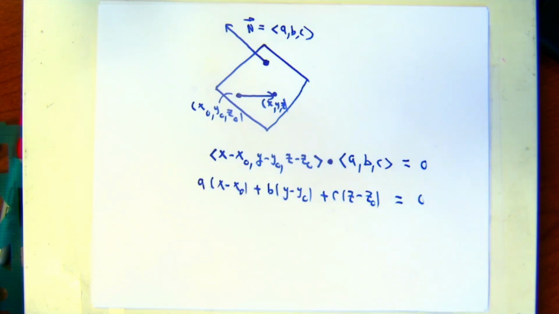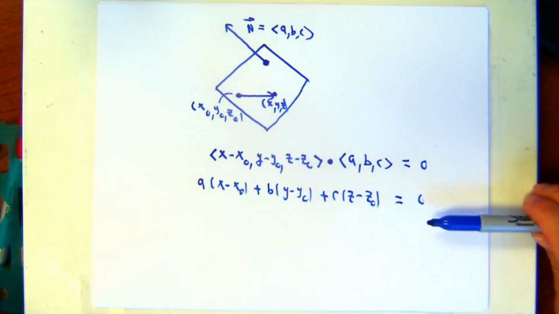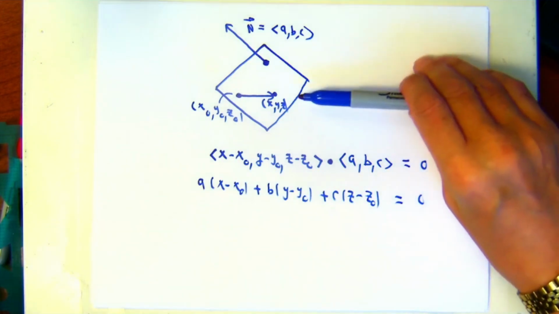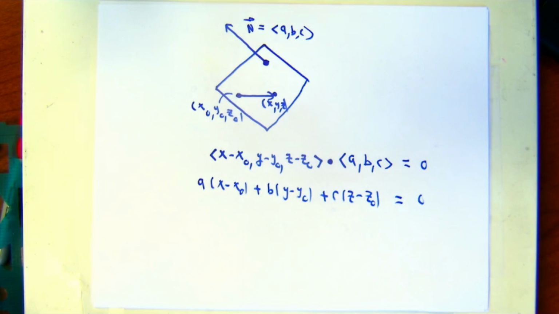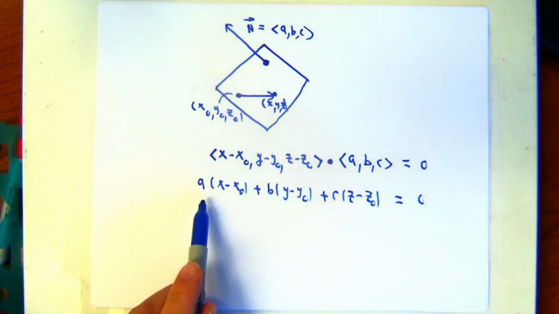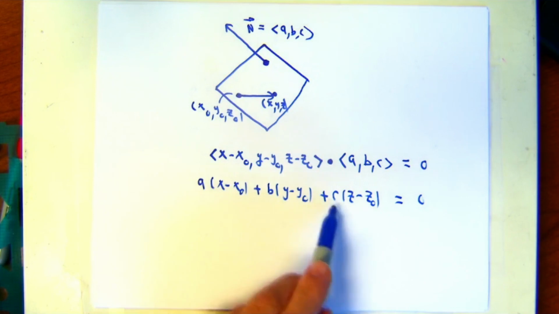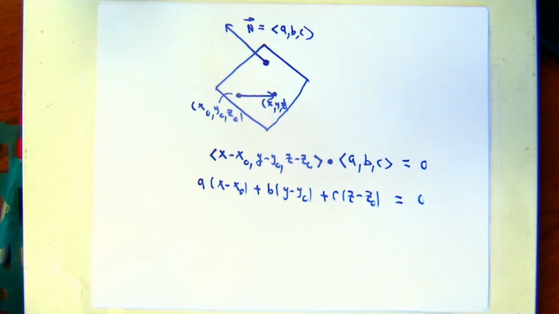If someone were to give me an equation that looks like this, and I remember this line of reasoning, I take one look at it and I say, this is the equation of a plane. The plane is at right angles to the vector with components A, B, and C, and the plane contains the point x0, y0, z0. Some people like to rewrite this.